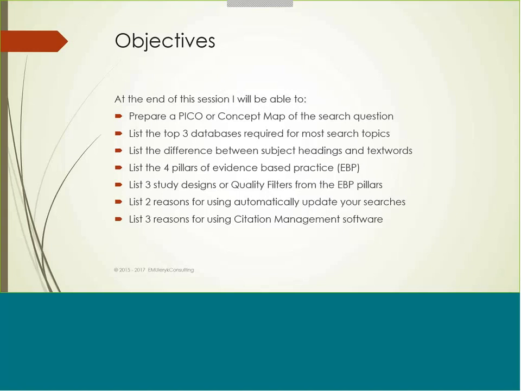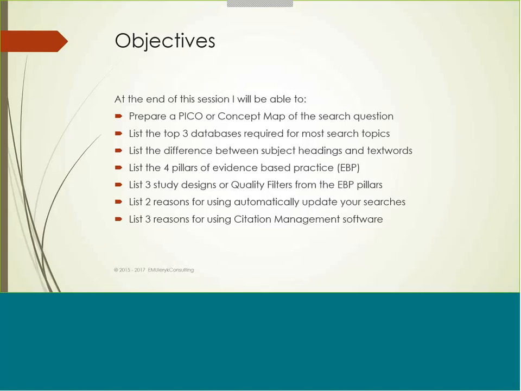Again, the difference between subject headings and text words and where they're more effective. The 4 pillars of evidence-based practice, which I'm sure you all know by heart, but just a quick review. Which quality filters you can use with these pillars that will help with the power searching part of the process.